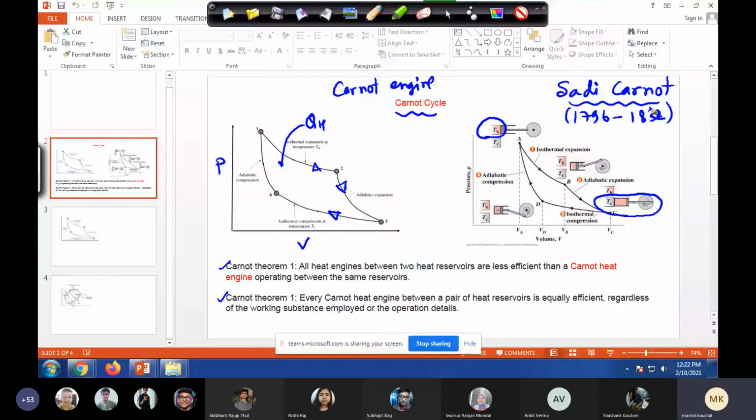He expired at 32 years plus 4 years, so only 36 years was his lifetime.